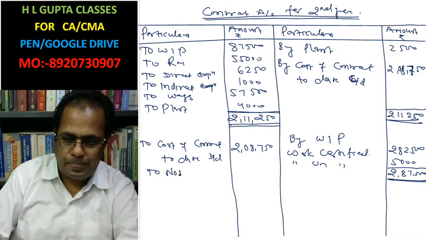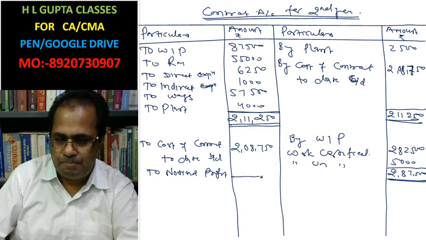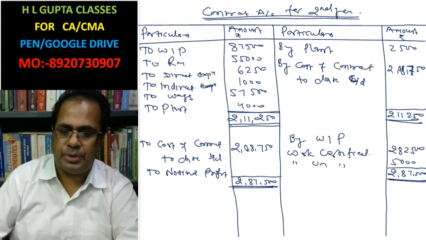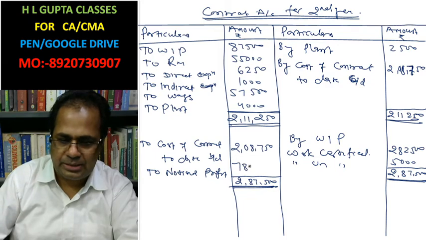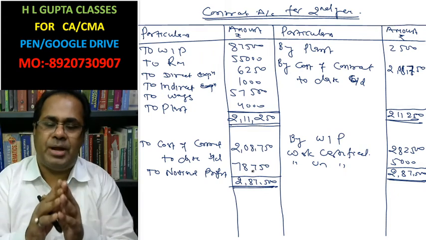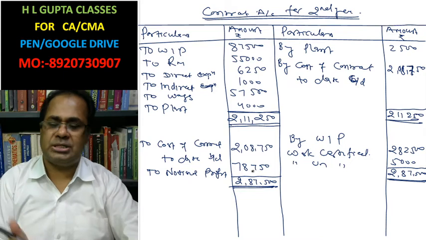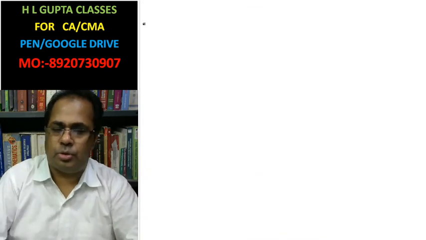To notional profit, the difference of these, that is 78,750. Now look at it: 3,75,000 is the value of the total contract, work certified is 2,82,500.